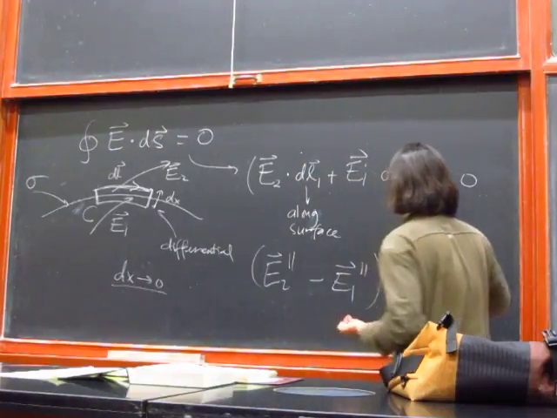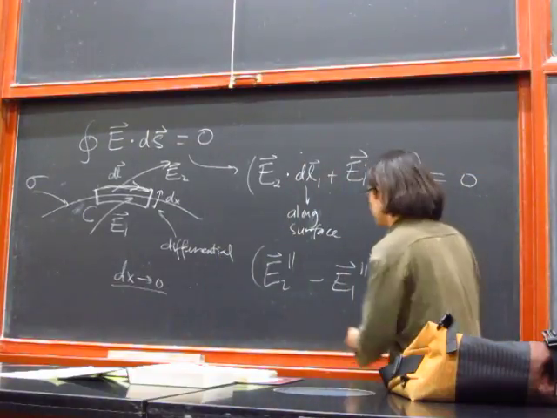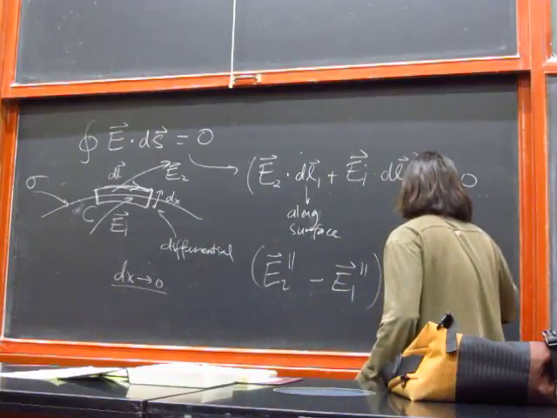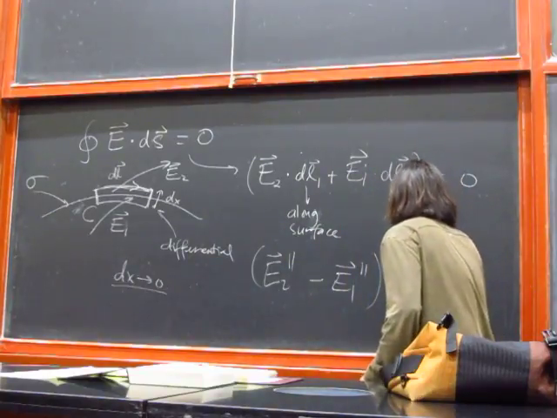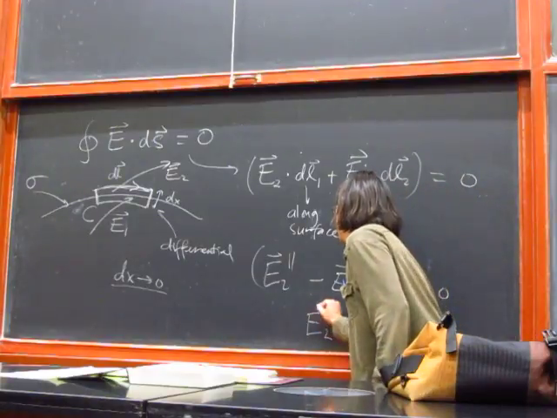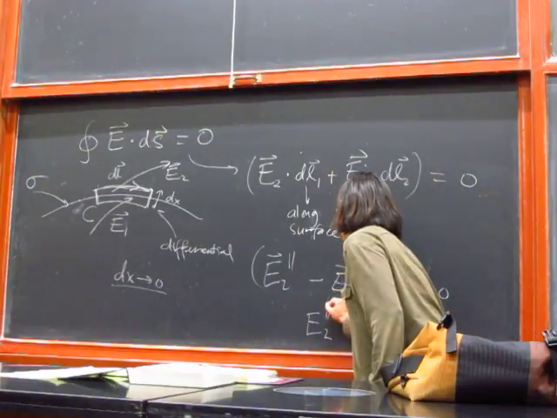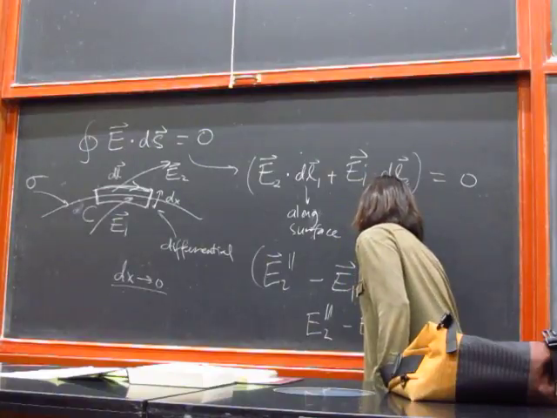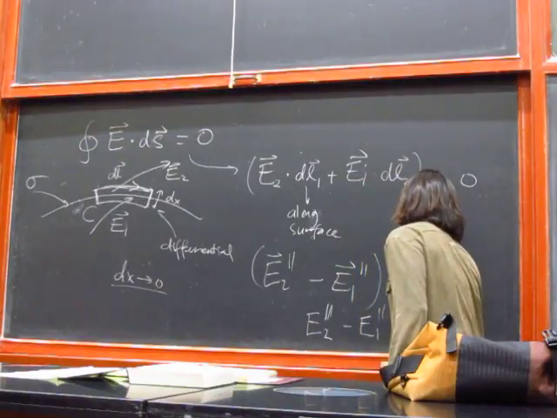I cannot drop the dl, but dl is finite, therefore E2 parallel minus E1 parallel has to be equal to 0.